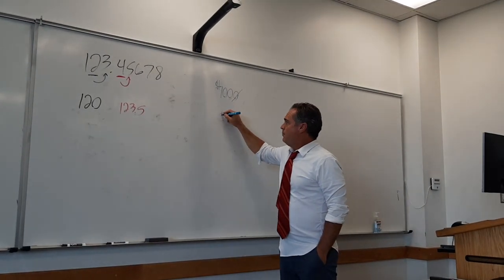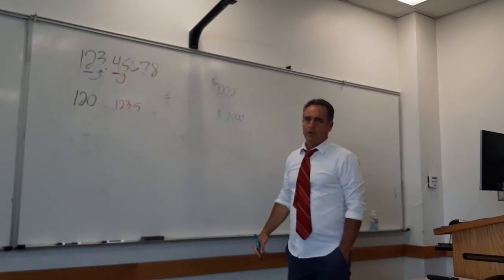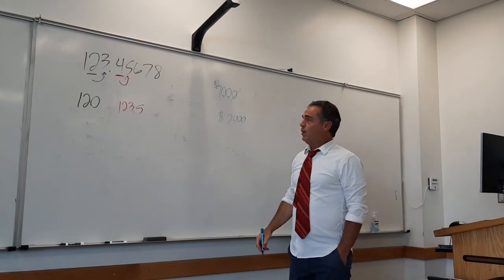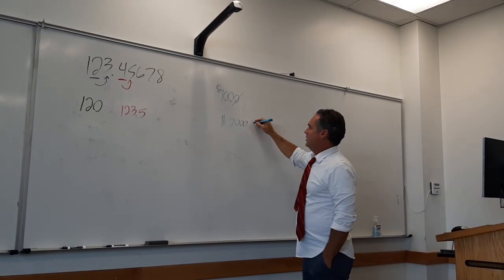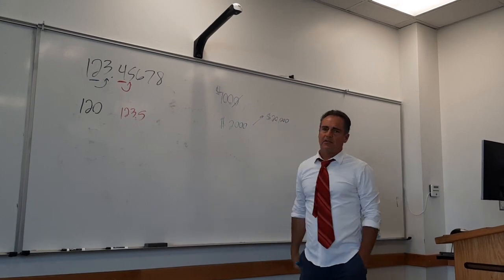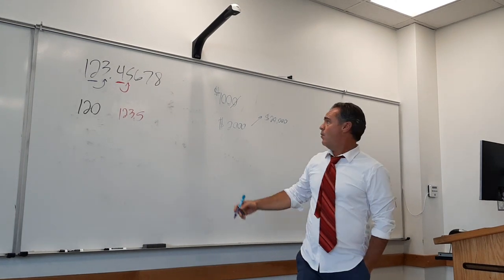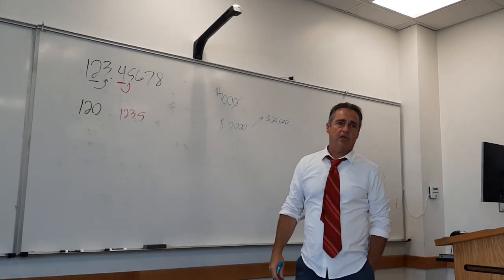Or maybe we bid something out at $2,000, but really it's supposed to be $20,000 and we left a zero off. Well, guess what? We can't go back to our customer and tell them that was a joke.